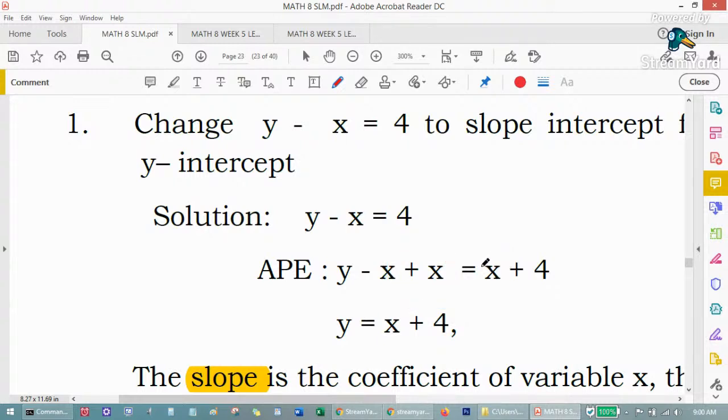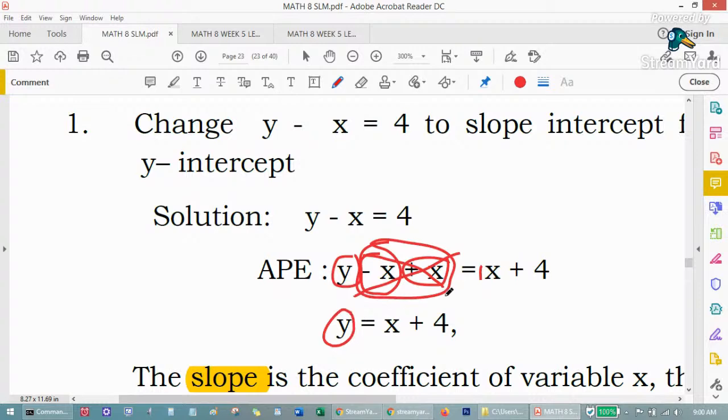Okay, again, yung mga walang sign, that is positive. So nag-plus siya ng x dito, and then nag-plus siya ng x dito. Bakit siya nag-plus? So that positive x minus x will be equal to 0. So pag nawala to, ang maiiwan na lang is y.